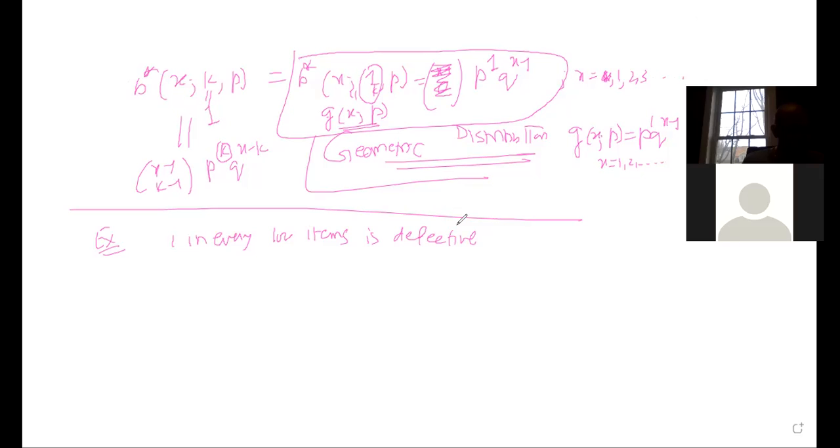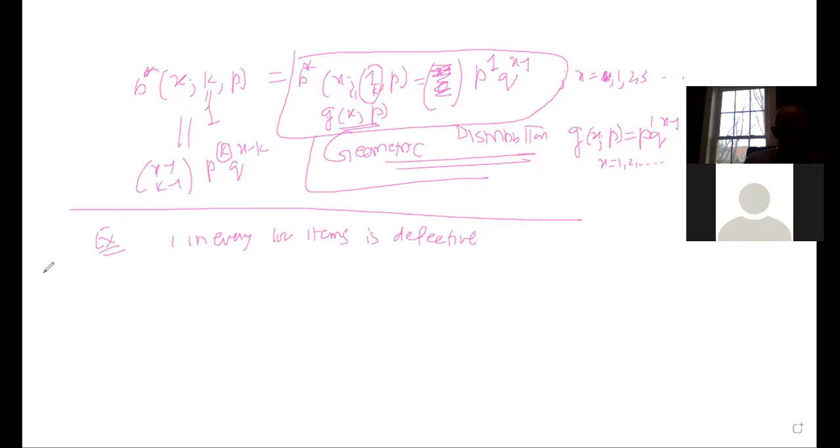We are looking for the kth success. What is the probability that the fifth item inspected is the first defective item? So if you take the fifth item inspected, that is your first defective item.